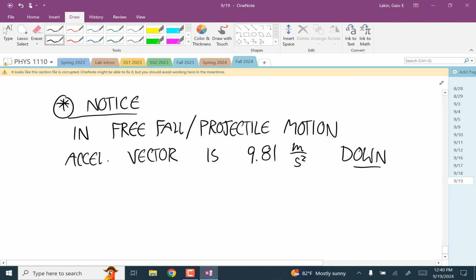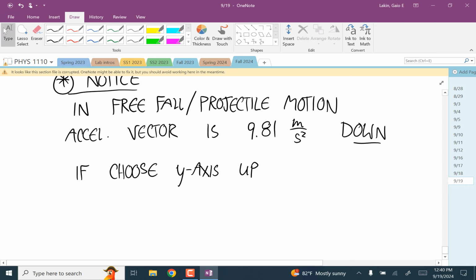So if you choose your y-axis to be up, which is what I'm usually going to do, then the acceleration vector is always 0, negative 9.81 meters per second squared.